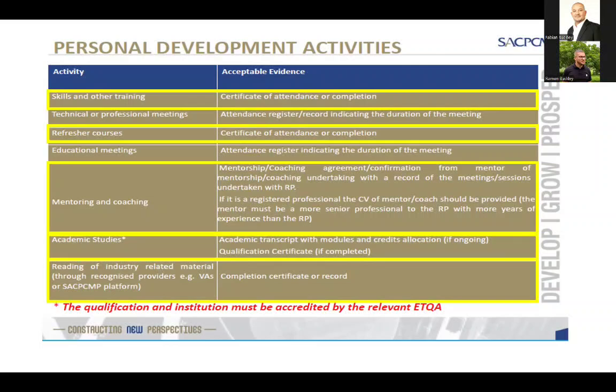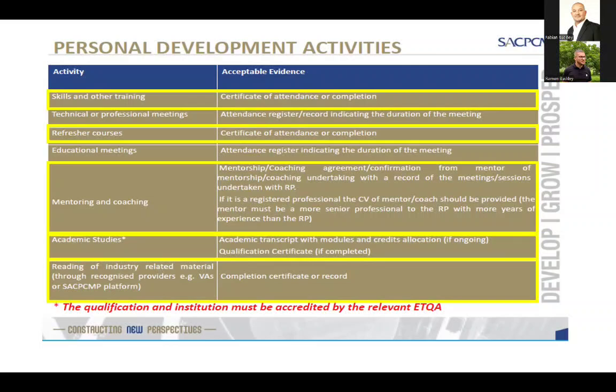So for example, if you are in the first year of your diploma, you can upload your first year's modules and credits to indicate, based on the transcript that you get, your academic transcript or academic statement. They will allocate you points for that. So that's something that you need to be very mindful of.